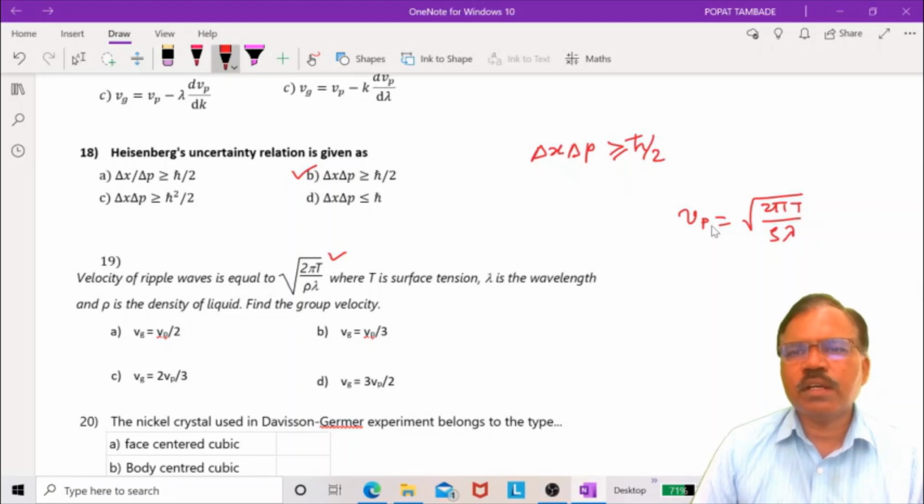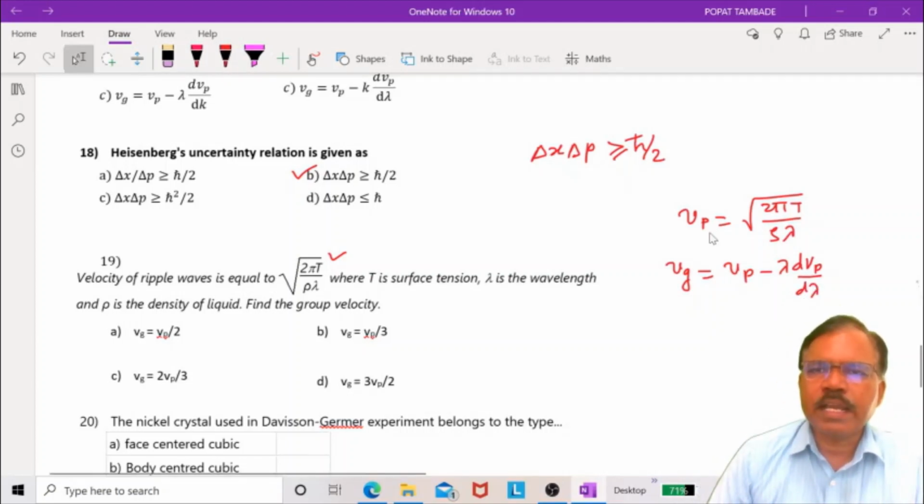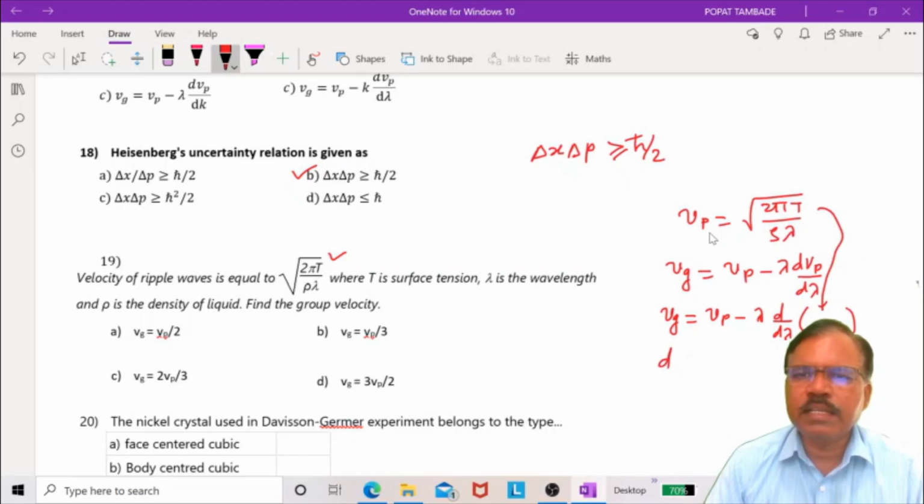So we can use this equation, Vg is equal to Vp minus lambda into dVp by d lambda. So I can write Vg is equal to Vp minus lambda into d by d lambda of this equation. So I will differentiate that. So d by d lambda of square root of 2 pi T upon rho lambda.